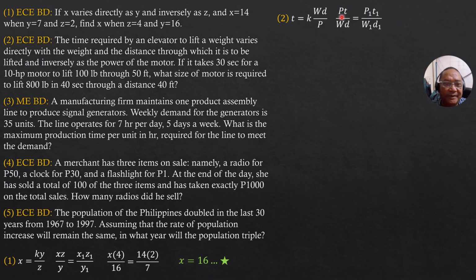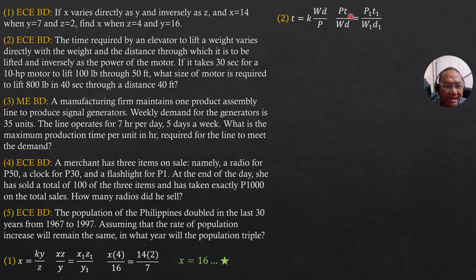We are looking for the size of the motor required to lift 800 pounds in 40 seconds through a distance of 40 feet. So that means P unknown, time is 40 seconds, divided by weight 800 and distance 40, and we equate that to the initial values: 10 horsepower P1, time is 30 seconds, W1 is 100 pounds, and distance D1 is 50 feet.